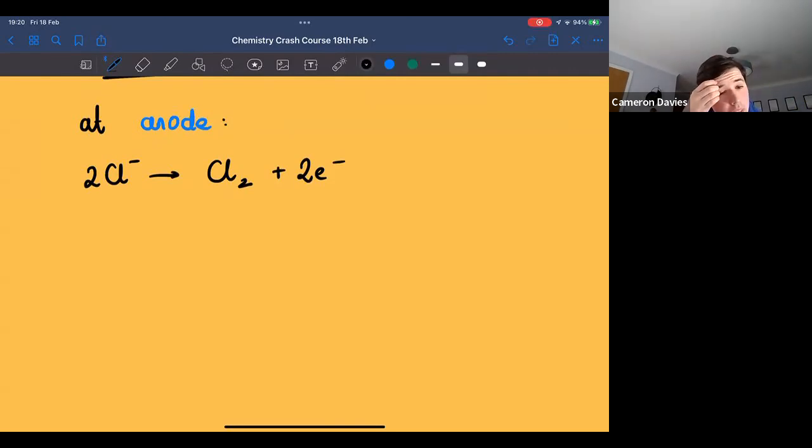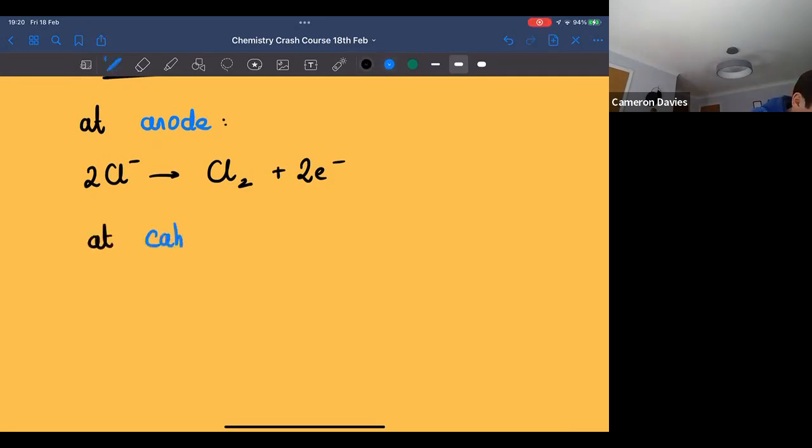In this situation, we are going to obtain sodium on its own, but at the anode, because chlorine has to gain electrons to complete its shell, we're going to have electrons left over with it. So that is the equation at the anode.